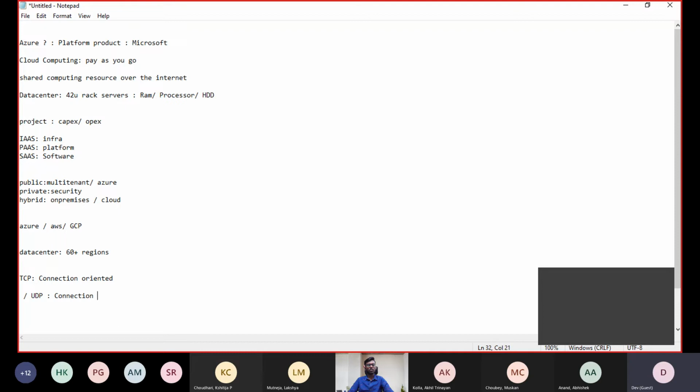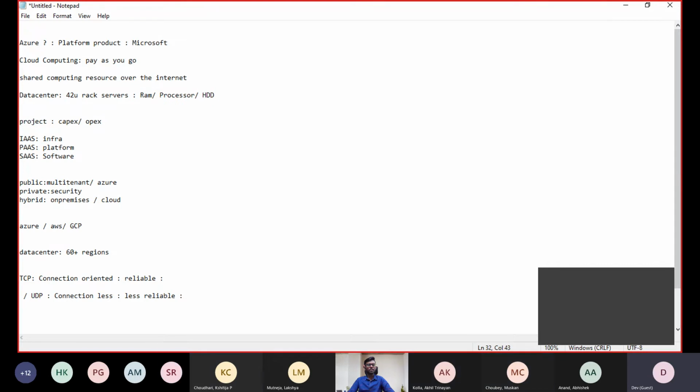Now, which is more reliable, connectionless or connection oriented? TCP, it is connection oriented. Very good. So it is more reliable. Reliable as in you can trust it, that means the data is reaching if the acknowledgement is done. The other is less reliable. Now, which will be faster, TCP or UDP? UDP.